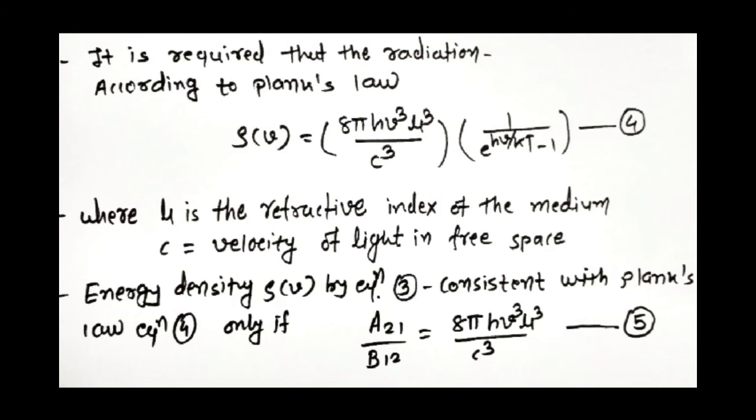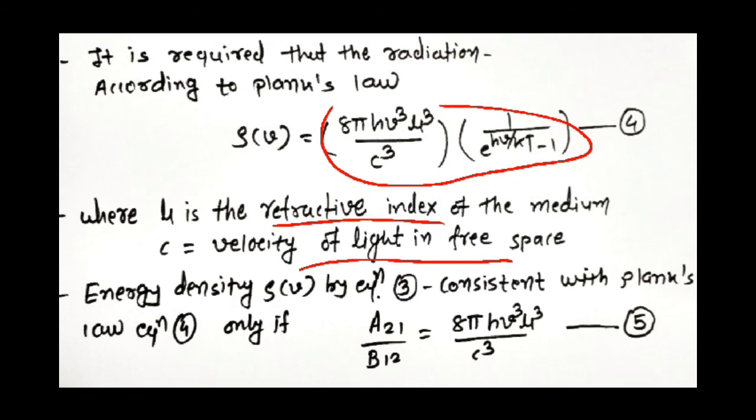It is required that the radiation be identical with black body radiation and be consistent with Planck's radiation law for any value of T. According to Planck's law, rho ની value હશે 8 pi hv cube into mu cube upon c cube into 1 upon e raised to hv upon kt minus 1, where mu is the refractive index of the medium and c is the velocity of light in free space.